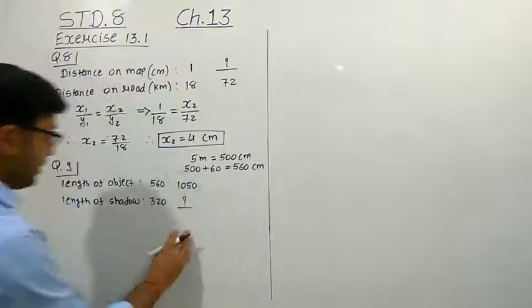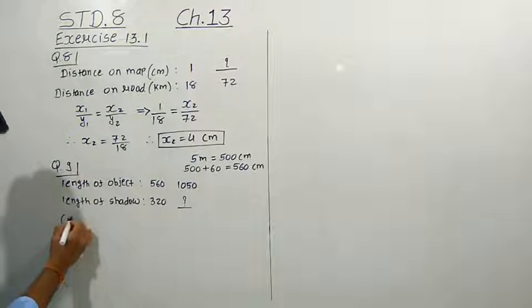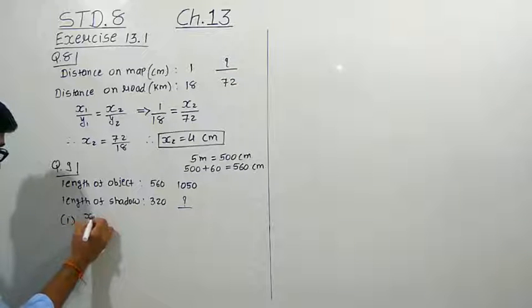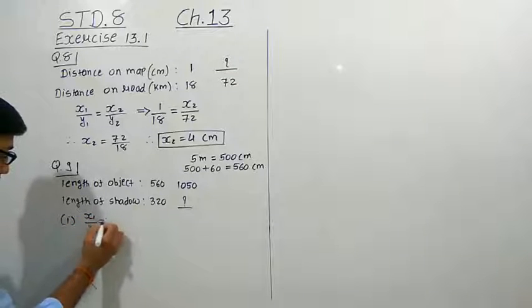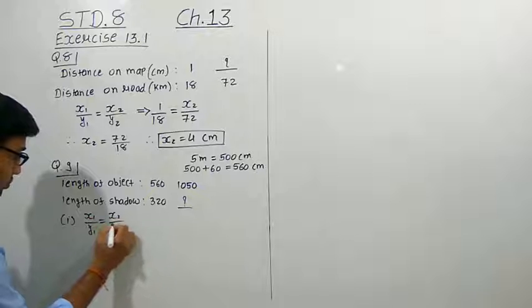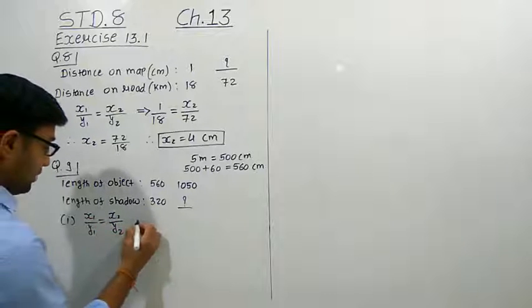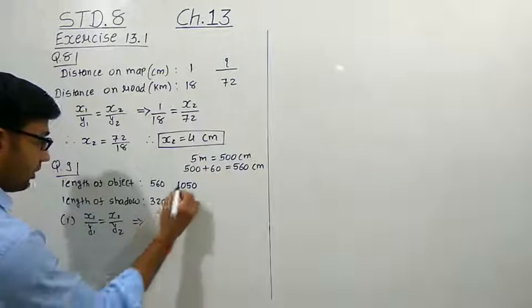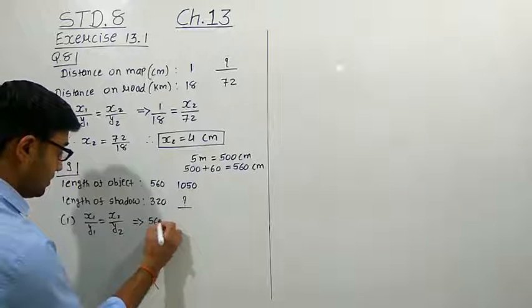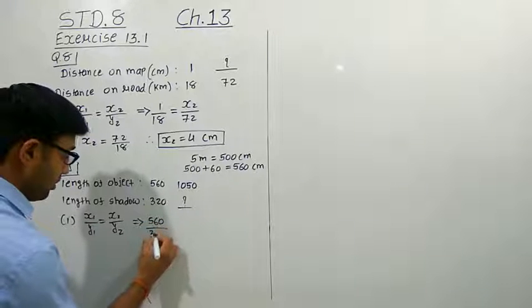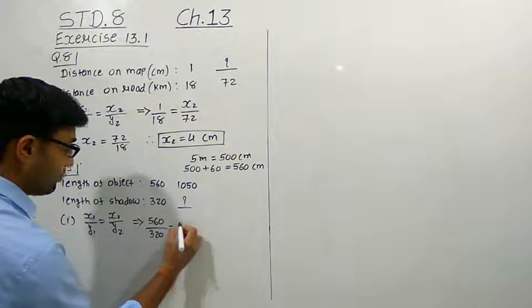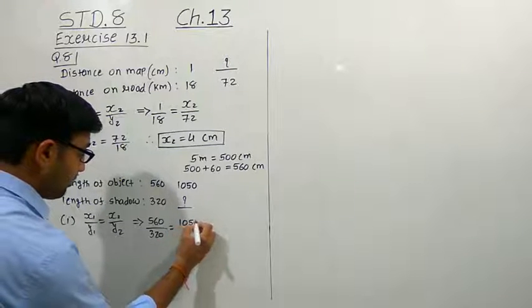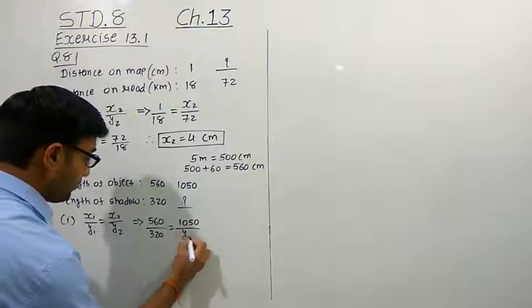So now for the first case, we can use the direct proportion x1 upon y1 is equal to x2 upon y2. Here if we put the values, x1 is 560 upon 320 is equal to 1050 upon y2.